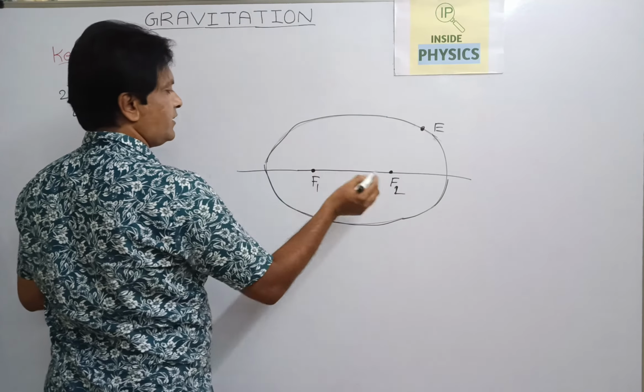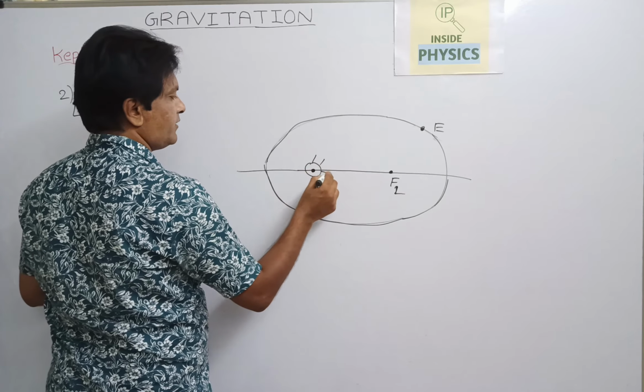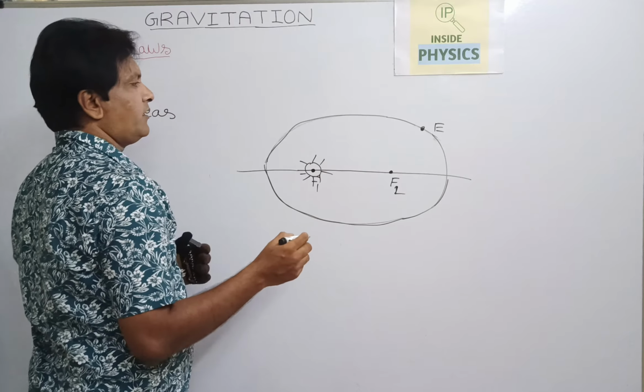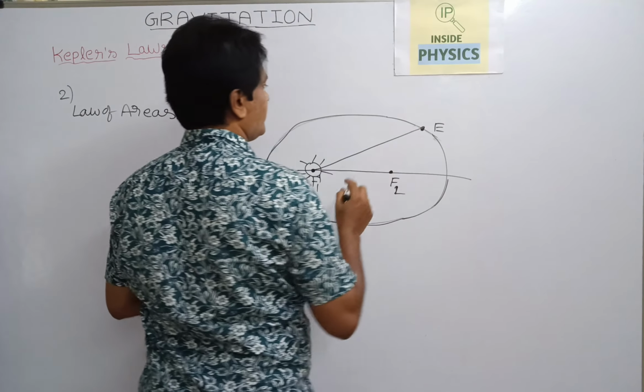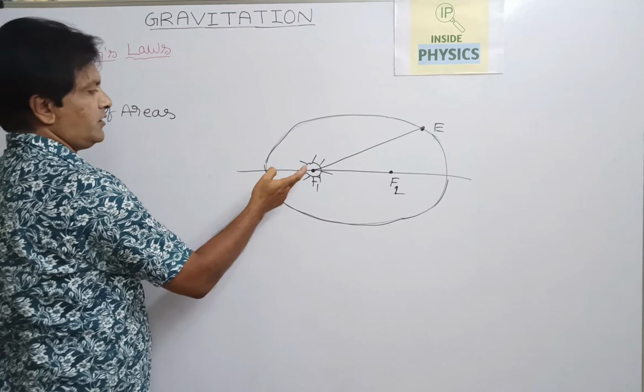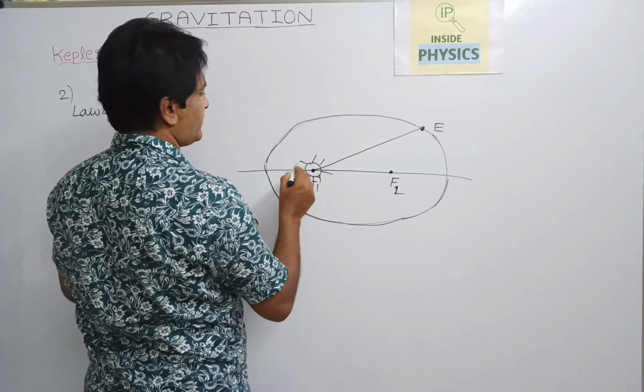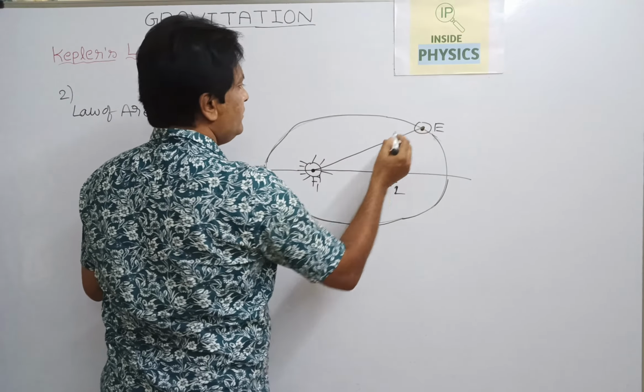It may be here or here. We'll take the Sun here, and the line joining the Sun to the planet. So this is the line joining the Sun to the planet Earth here.